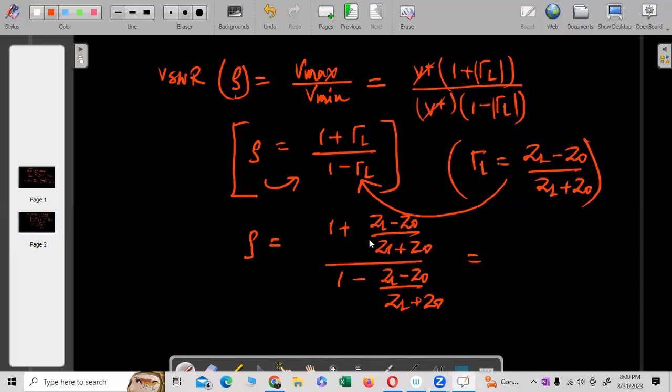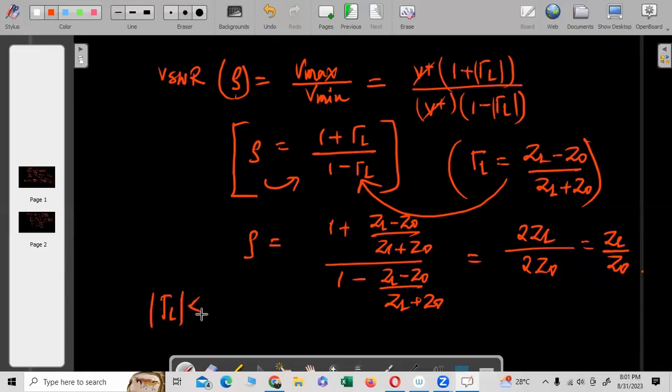ZL and ZL, so twice ZL, divided by twice Z naught, something like that if you substitute. And another thing we can say: mod of gamma L, we know that this is less than 1. This result you already know, right?